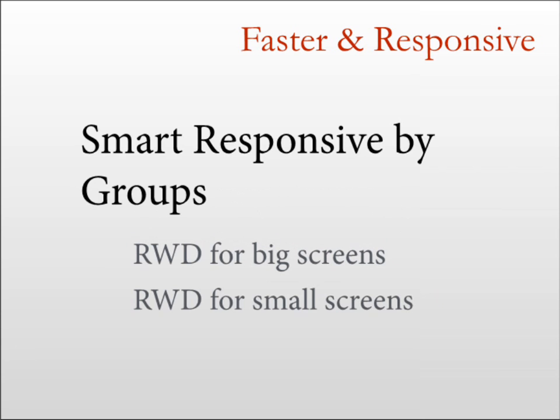Maybe you can create a smart responsive solution by groups. And I think that the new New York Times website is inside this group. So you can create a responsive web design for big screens, so you can adapt yourself to some small variations in terms of width, and maybe tablets can be there.